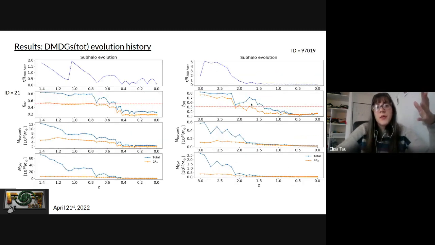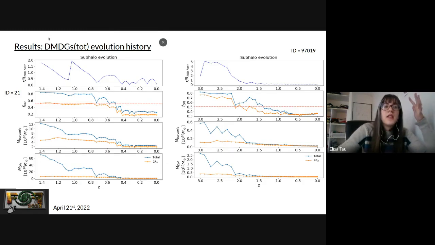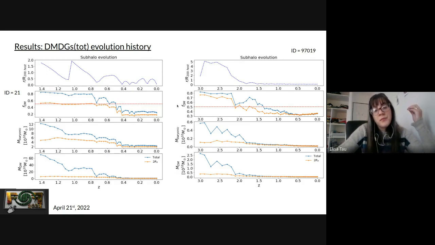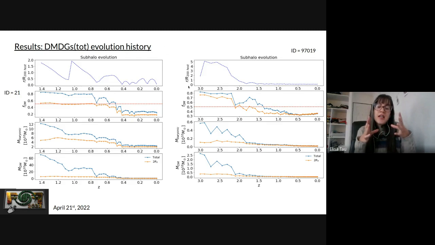Moreover, we have the other type of dark matter deficient galaxies that we studied. And in this case, as you can see, the dark matter fraction, considering the total amount of mass, really decreases. It has a general decrease following the general decrease in distance between the satellite subhalo and the central subhalo.